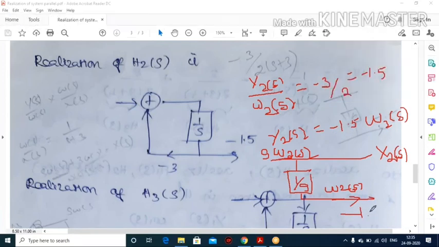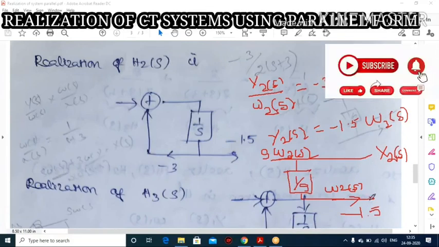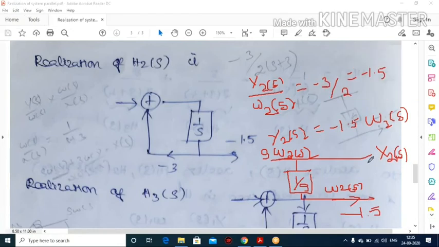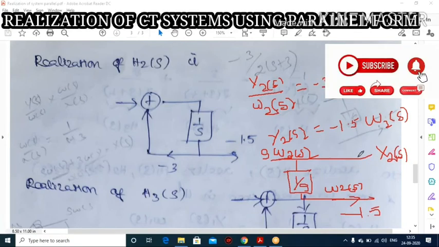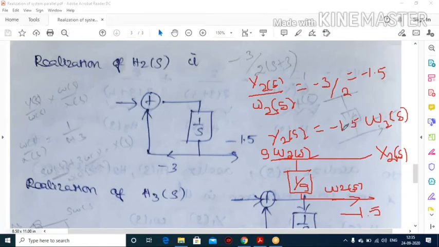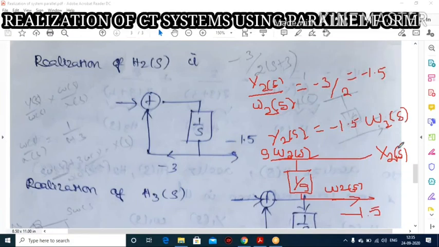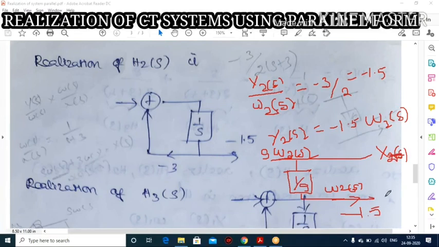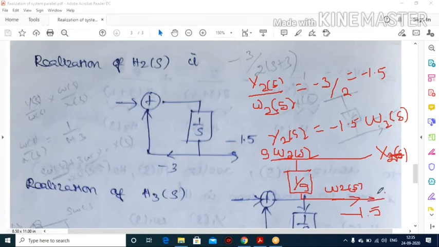If you connect any adder block, you bring this line and join with the adder block. But here there is no need to place an adder block, because we get only minus 1.5 into W2 of S. So this portion itself I will take as the output line.